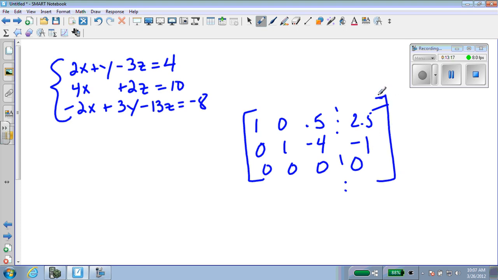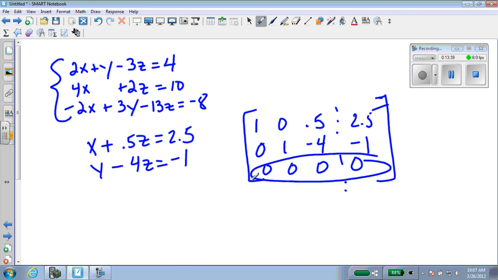Okay, so that's not the look we got for the others. What I recommend is come back and write what it's saying. x plus 0.5z equals 2.5, with y minus 4z equals negative 1, with the truth, right? No x's, no y's, no z's equals nothing. So that's the truth. So what this is telling us is that we have truth, so we have many solutions.